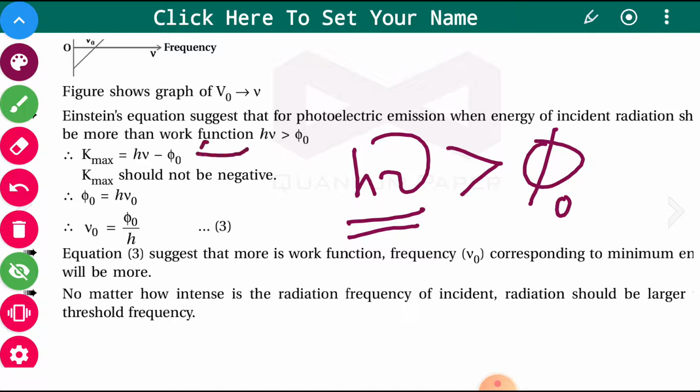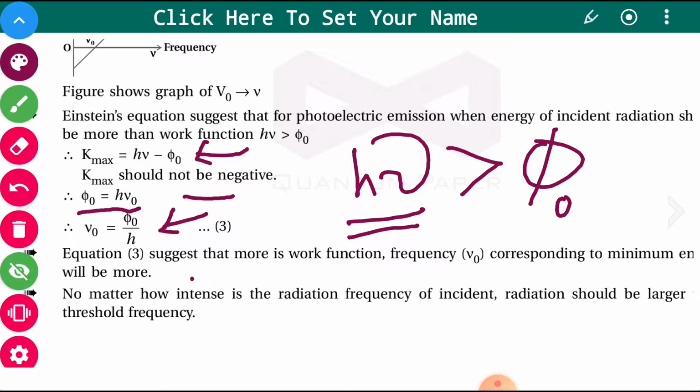So K max is equal to h nu minus phi 0, and K max should not be negative. Phi 0 is equal to h nu 0, so nu 0 can be found as phi 0, that is the work function, upon h.